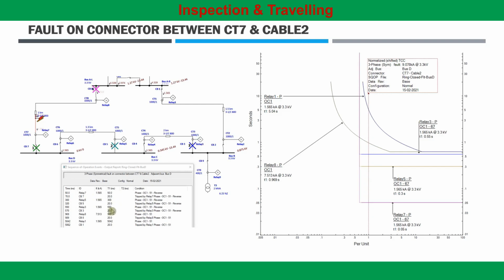Then relay 3 operates at 550 millisecond. Since relay 8 will see a low impedance path to the fault, it will operate before relay 1. So as you can observe from the sequence of events, relay 8 operates first and relay 1 takes longer time because of high impedance to the fault location.